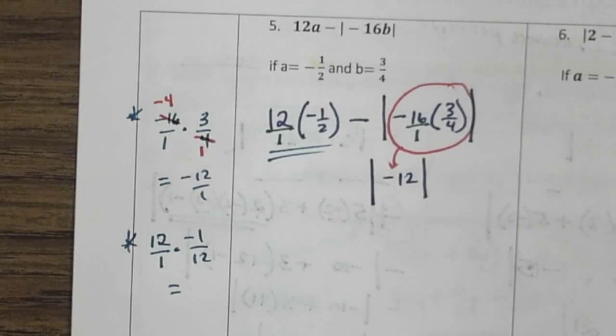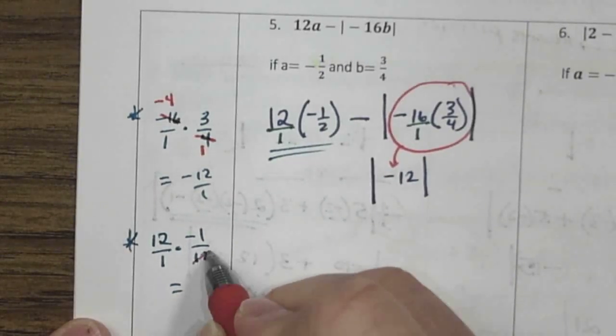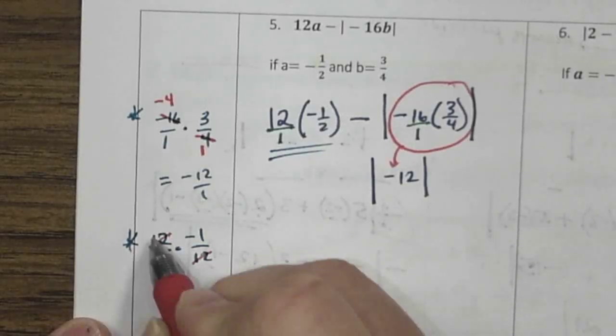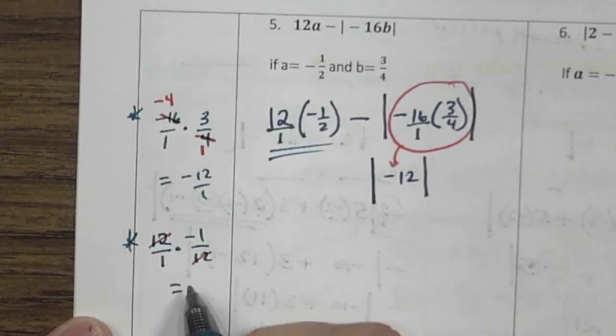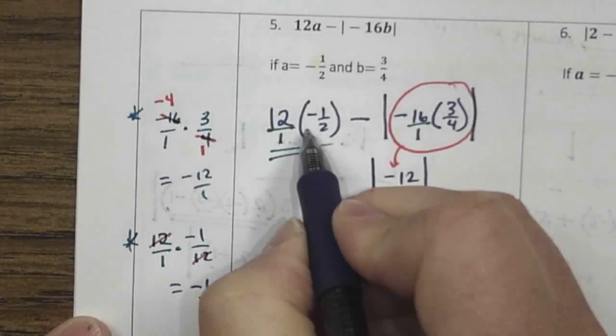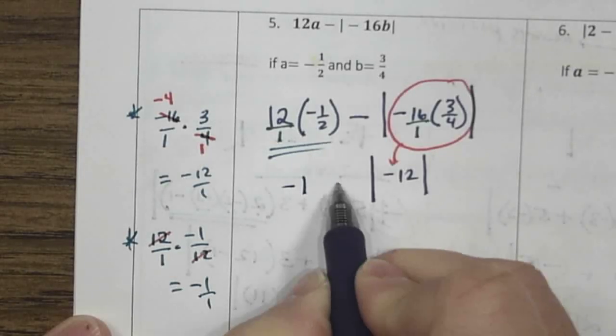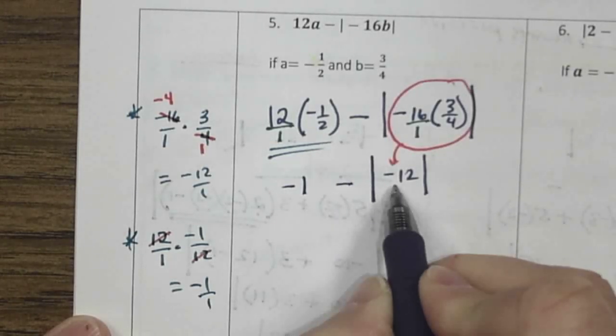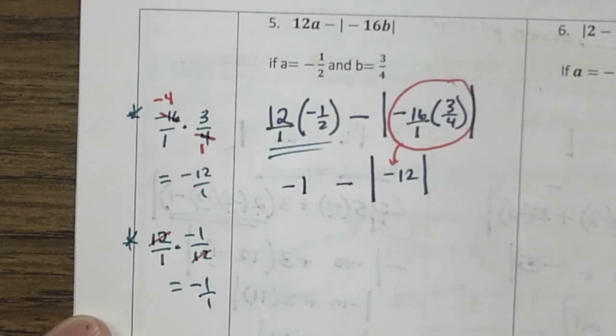Okay, so what happened there? Get the worksheet. What happened here, 12 goes into 12. You can cancel diagonals, so this just comes out to be -1. -1 over 1, which is just -1. So this right here becomes -1 minus absolute value of -12.